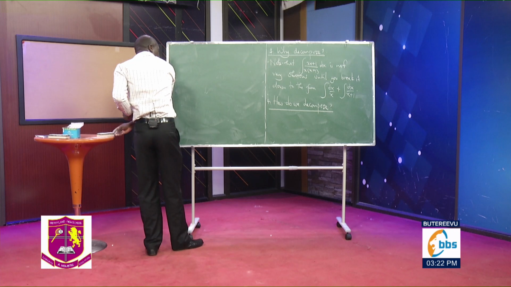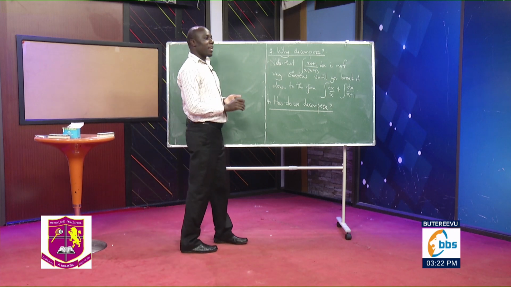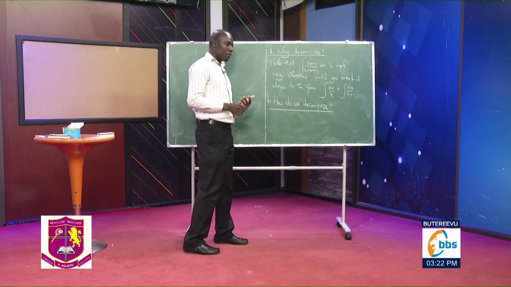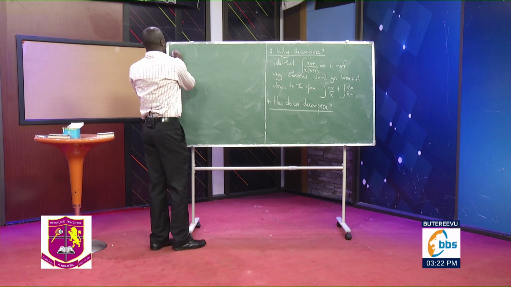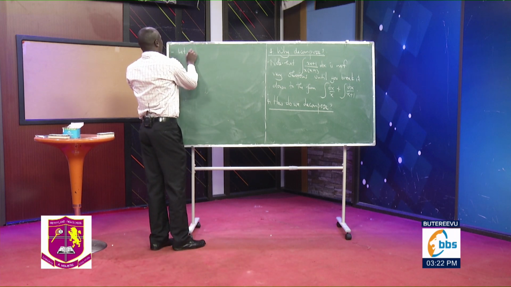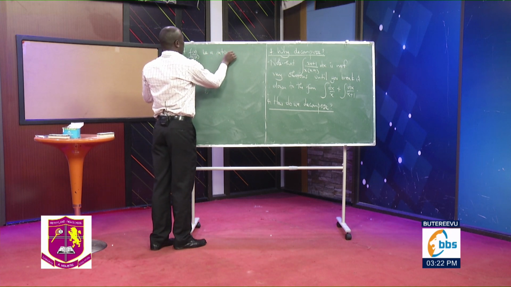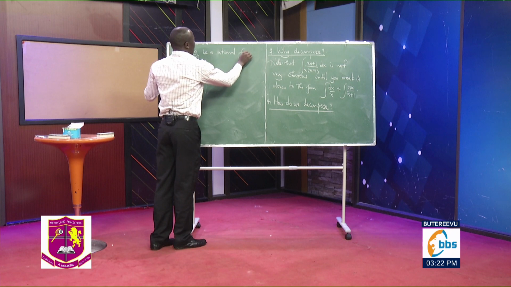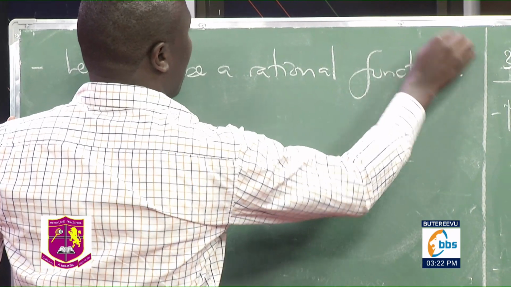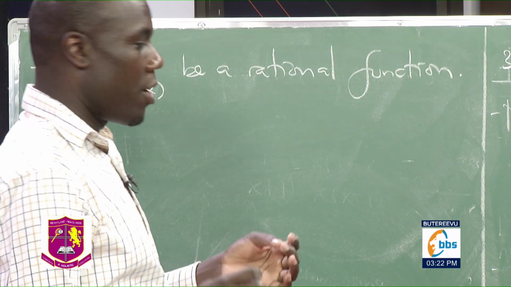When we are going to decompose into partial fractions, there are things we have to consider. Let f of x over g of x be a rational function, and this is the function which we want to decompose.